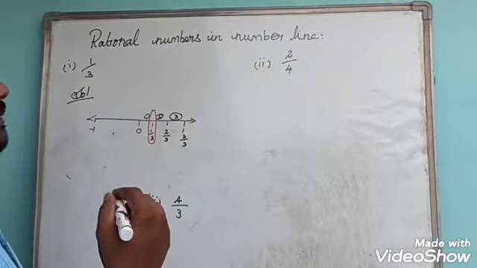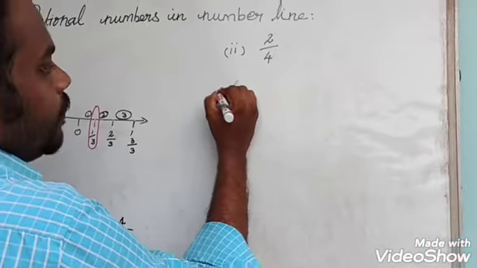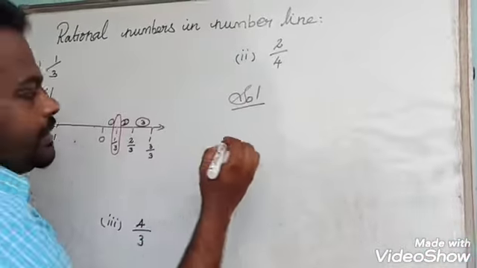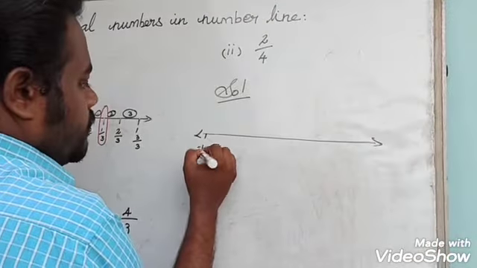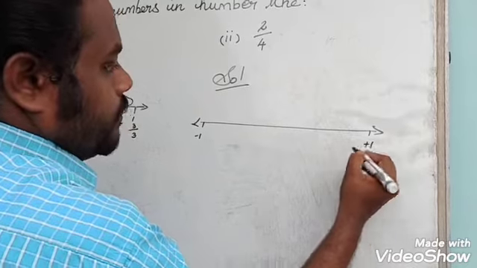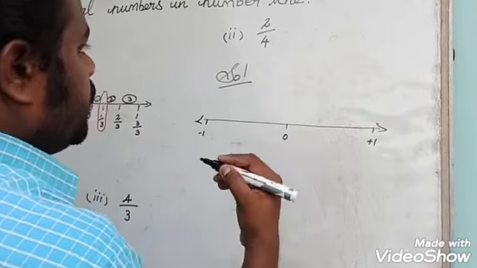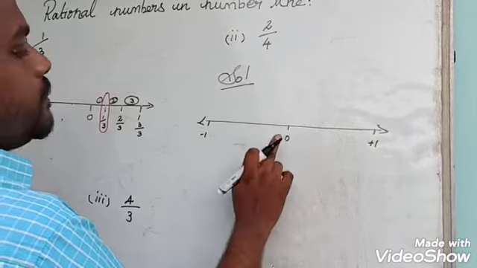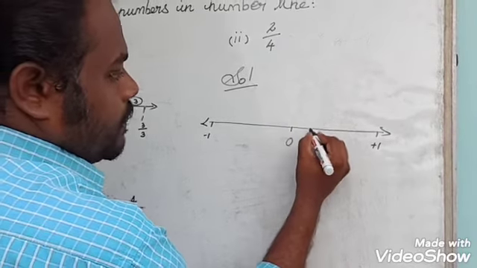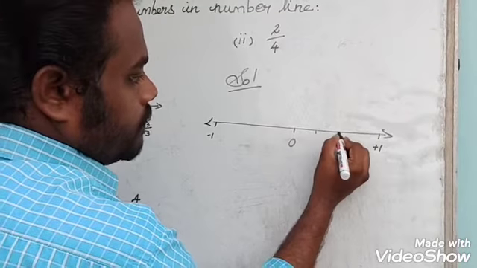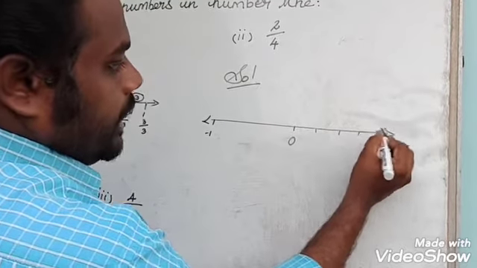And same way, second question 2 by 4. Solution. In the same manner, minus 1, plus 1, 0. Now I have to split this section into 4 equal parts. 4 equal parts. 1, 2, 3 and 4.